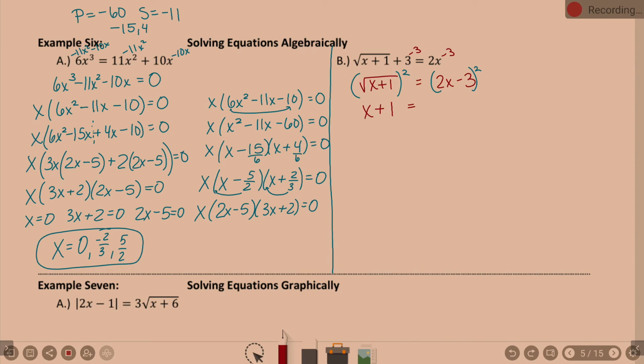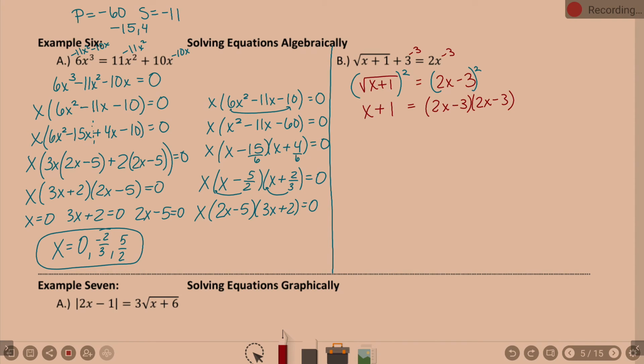You have to FOIL. Okay, we're multiplying by itself. We're FOILing it. So realizing it's not going to be just 4x squared plus 9, right? And if it helps for the visual, it's going to be 2x minus 3 times 2x minus 3.